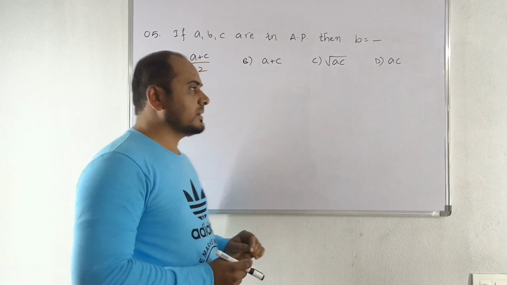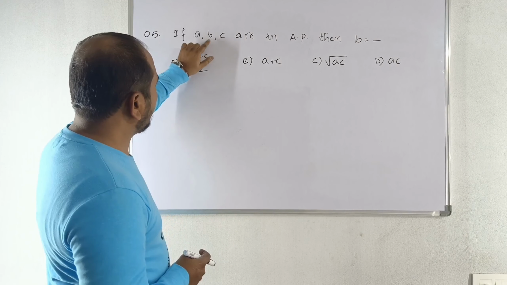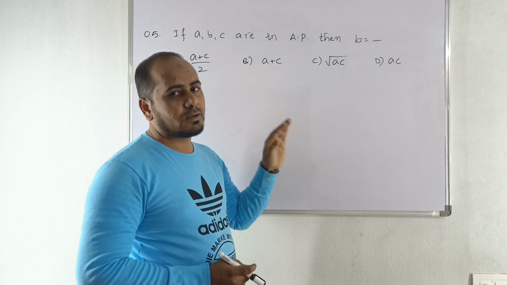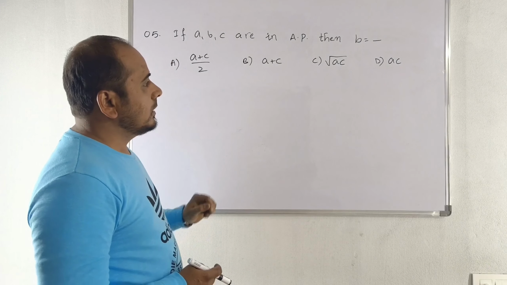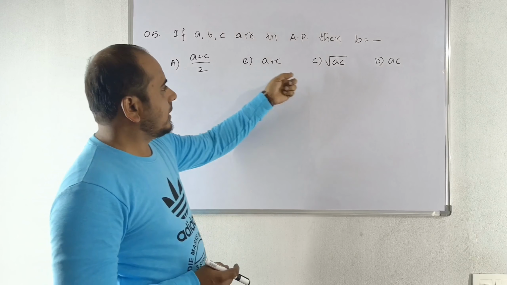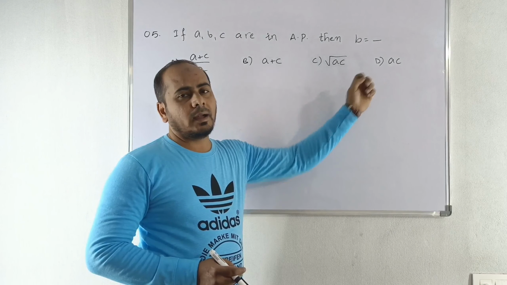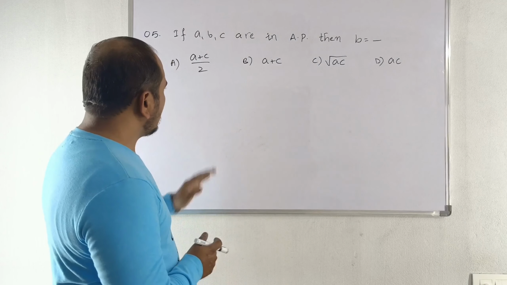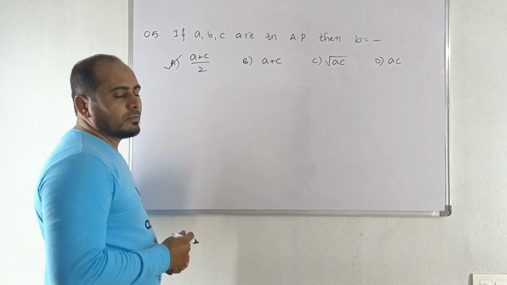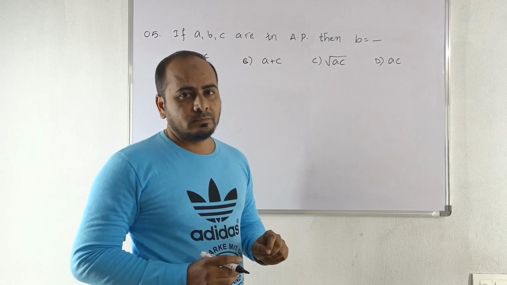The fifth question is: if A, B, C are in arithmetic progression, then what is the value of B? My dear students, the options given are A plus C by 2, A plus C, root AC and AC. Without any calculation, I will directly select B is equal to A plus C by 2.